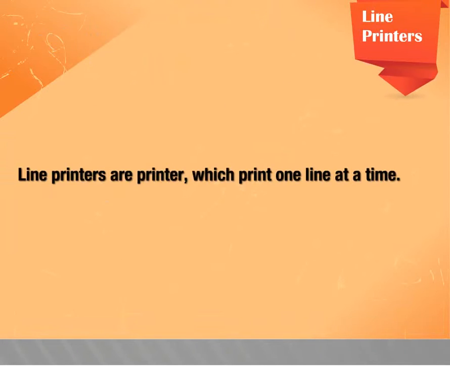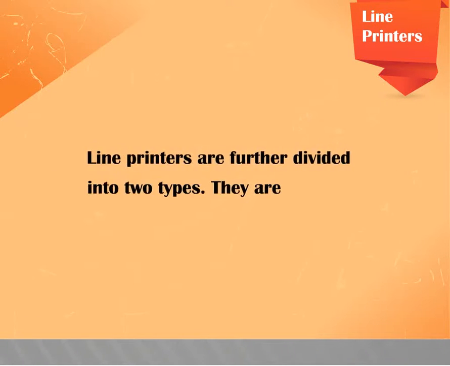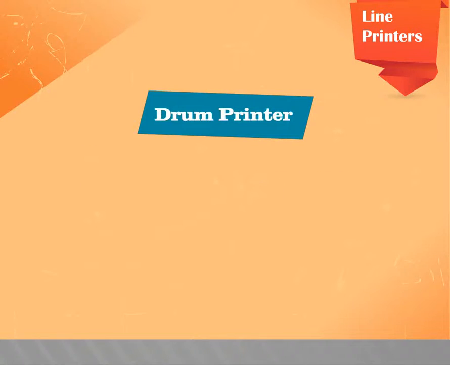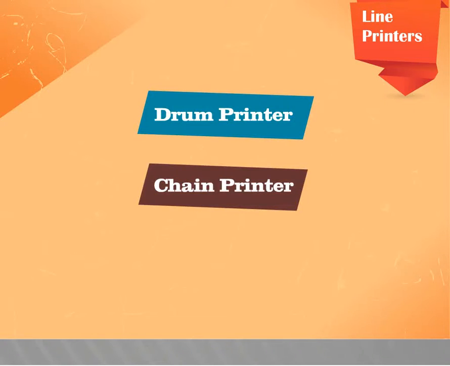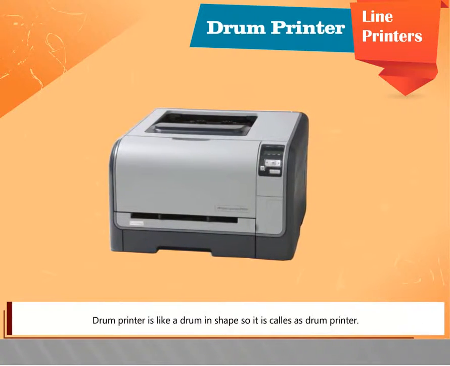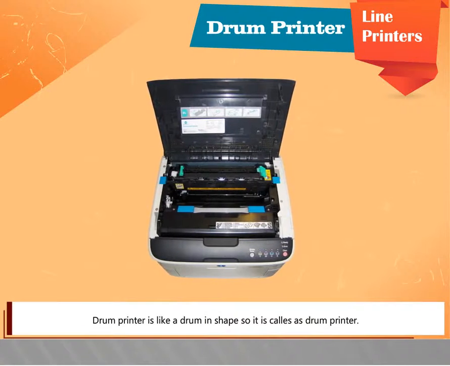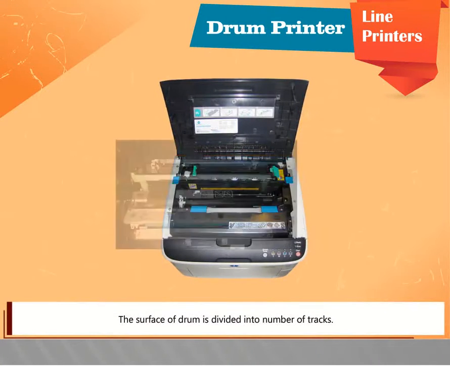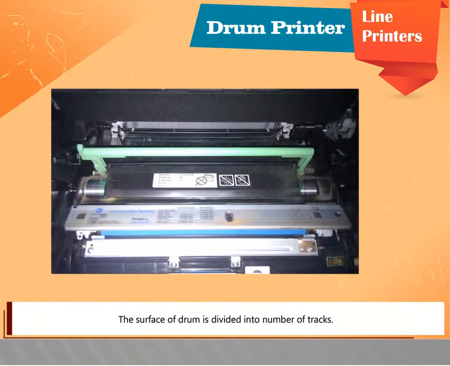Line printers. Line printers are printers which print one line at a time. Line printers are further divided into two types. They are drum printer and chain printer. Drum printer. A drum printer is like a drum in shape, so it is called a drum printer. The surface of the drum is divided into a number of tracks.